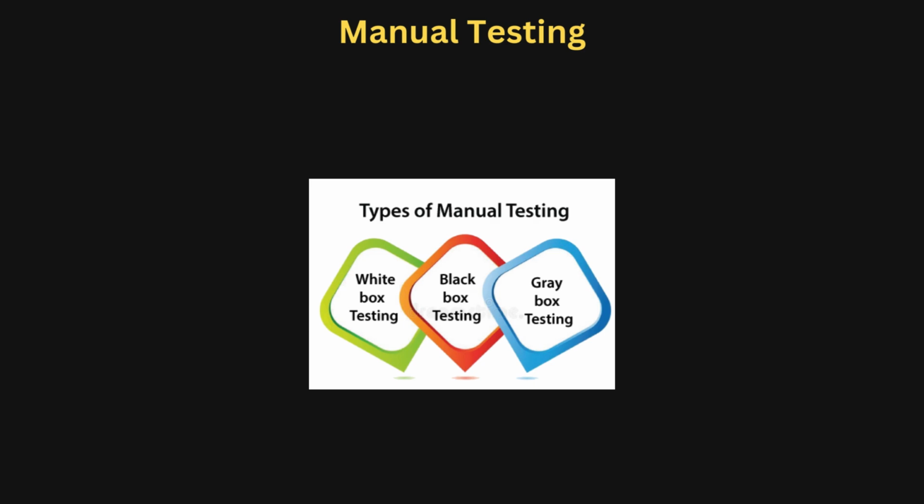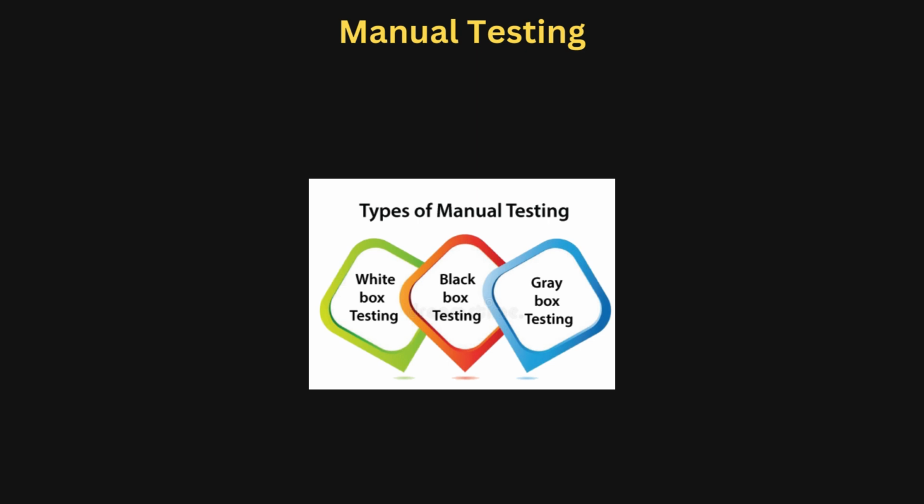In black box testing, the testers check the software functionality without knowing the internal workings of the system. They focus on just the inputs and expected outputs, the external behavior, not the internal behavior. But in white box testing, the tester has full knowledge of the code and the architecture.